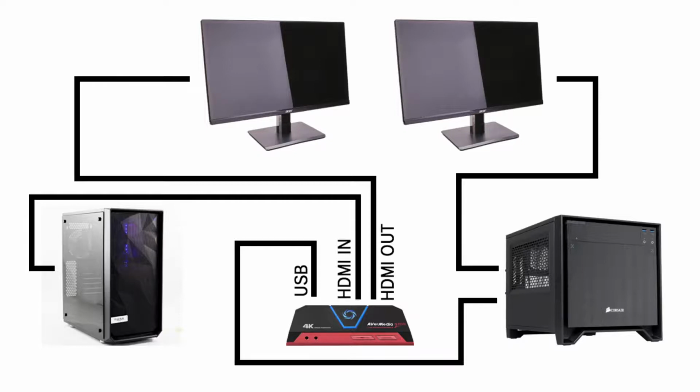So basically, the capture card is a middleman of sorts. Typically, you would just connect the monitor to your computer with an HDMI cable, but in this case, you go from computer to HDMI in the capture card, and then from HDMI out in the capture card to the monitor. So again, it's like a middleman of sorts. But if you wanted to set up a capture card with just one computer, that's how you would do it.